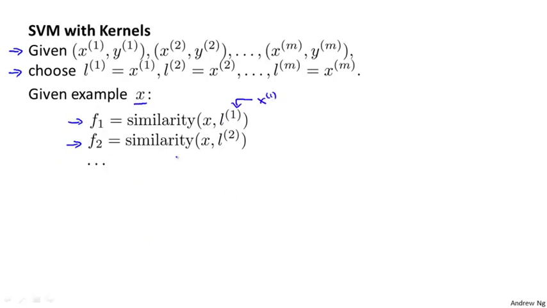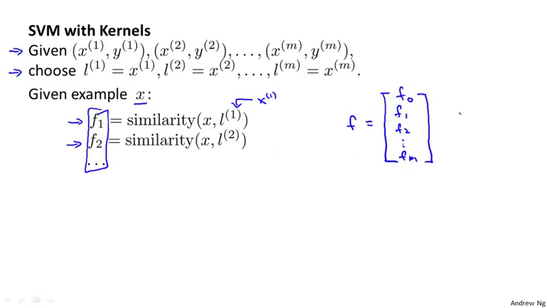These give me a feature vector, so let me write f as a feature vector. I'm going to group F1, F2, and so on down to Fm. And by convention, if we want, we can add an extra feature F0, which is always equal to 1.